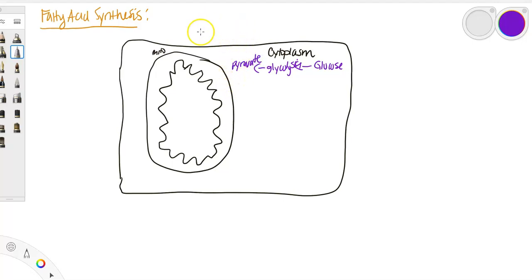Okay, we know this. Pyruvate's the 3-carbon molecule that hops into the mitochondria. And through its little interim reaction thing, we get acetyl-CoA.